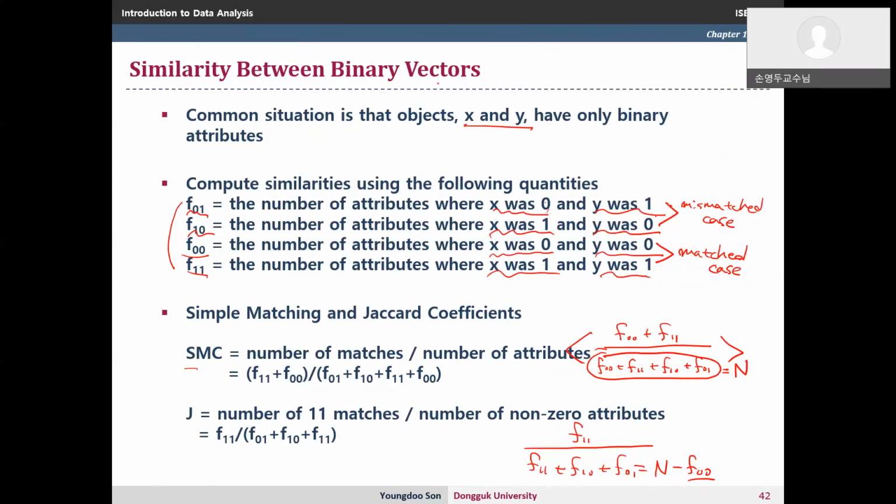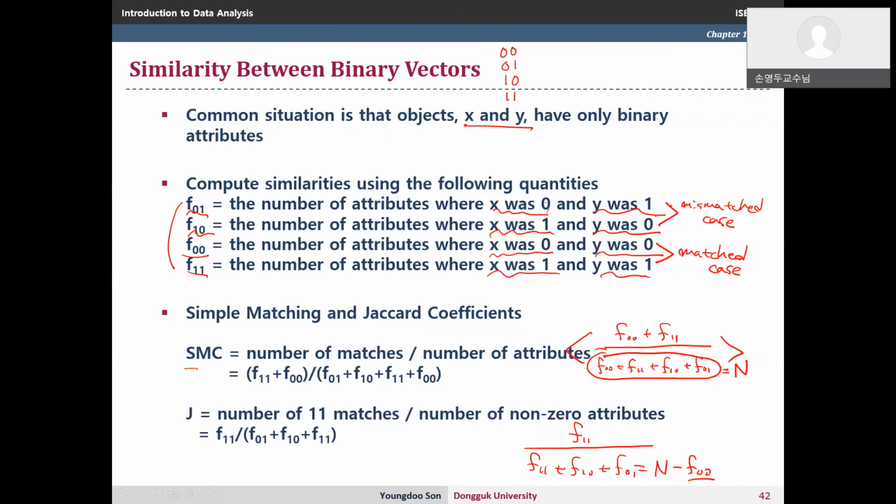The first case is the 0, 0 case, when the attribute values of two vectors are all 0, and the second case is 0, 1, the third case is 1, 0, and the last case is 1, 1, of course.